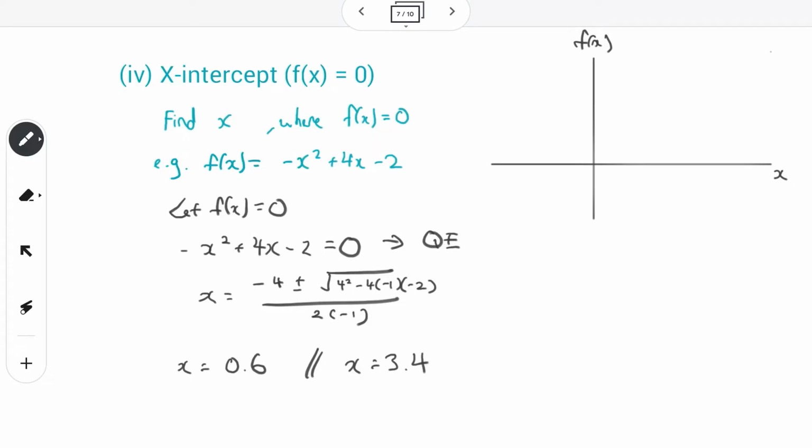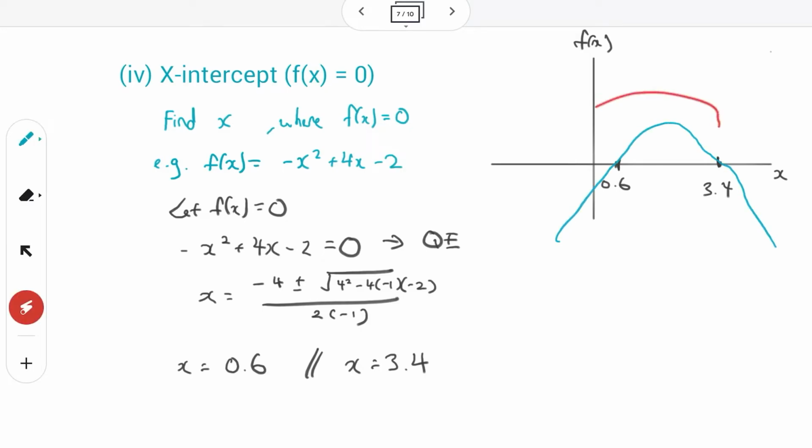Therefore, we know that there are 2 points here, 0.6 and 3.4, and we know that the graph will definitely intersect these 2 points like this. By the way, I'm drawing a graph like this because a is negative. Negative means you're frowning, and that's why your graph looks like a frowning face.